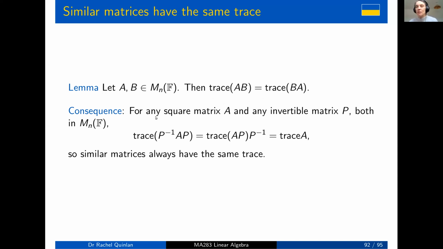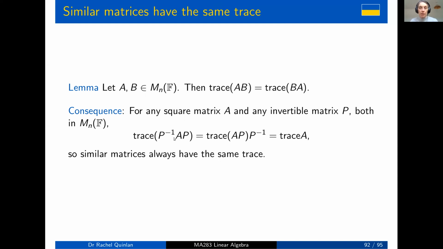The trace function doesn't care what order the matrices are multiplied in. These two matrices AB and BA are generally not the same as each other, but they do always have the same trace. And we'll see the reason for that in a minute. But a consequence of that, of course, is if you have some matrix A and you have another matrix that's similar to it, of the form P inverse AP, then you can apply this property of the trace function and say, okay, P inverse AP is the product of P inverse with AP.